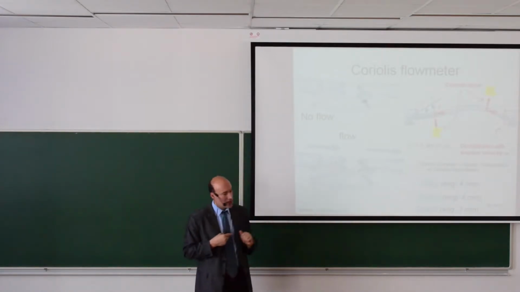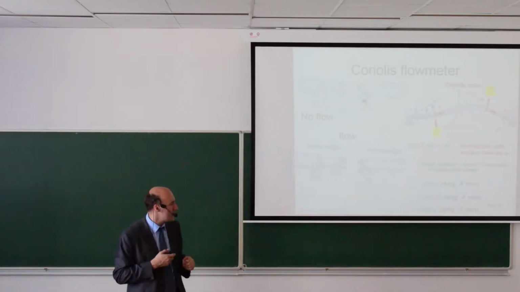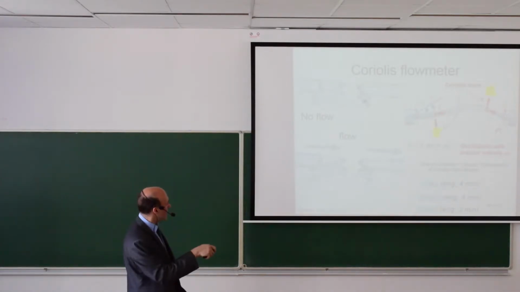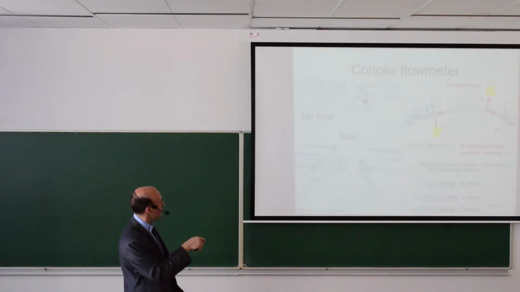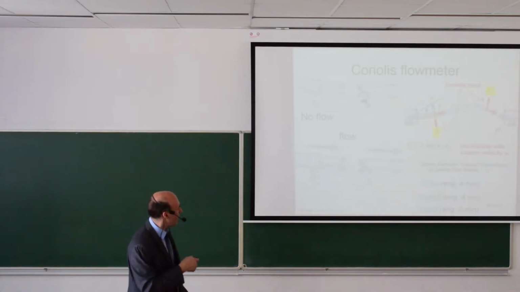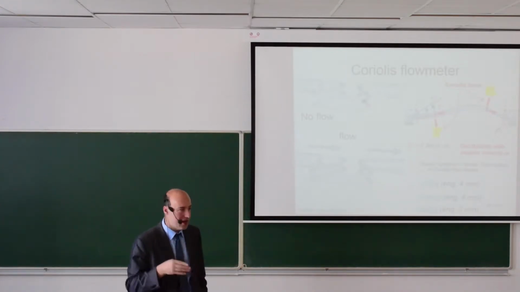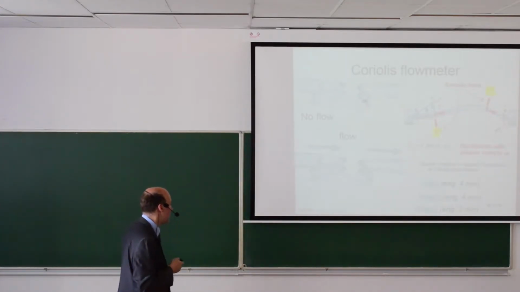The change is due to the Coriolis force, and you can imagine this as an inertial force that acts at this part of the tube. The flow is from left to right, so the liquid is flowing from left to right into the tube. And we are making this tube oscillate, so we are imposing a motion, let's say W. It could also be an angular motion, a rotation, for example.